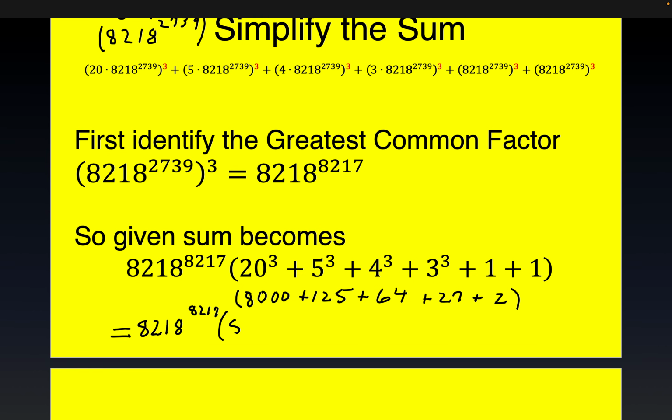Okay, so that's 8218 again. Now again, it's useful here just to look at this. This is to the first power. You have it to this power here, 8217. And so we get the remarkable 8218 raised to itself.